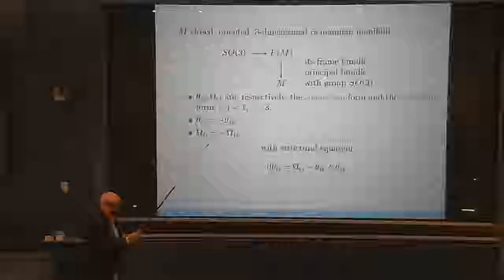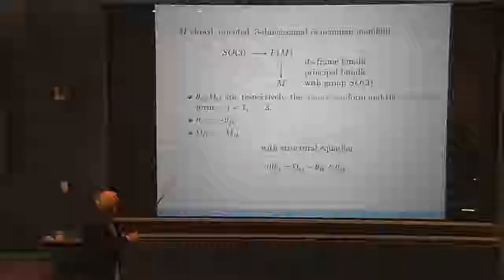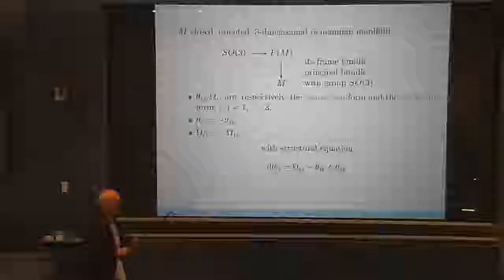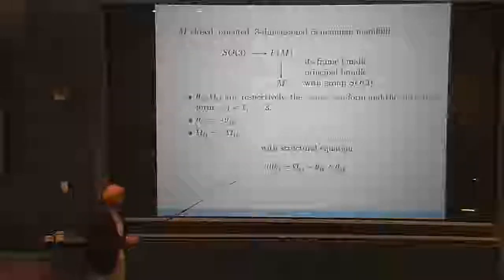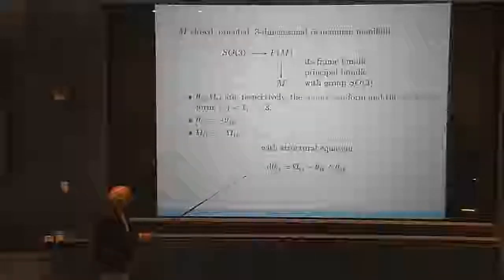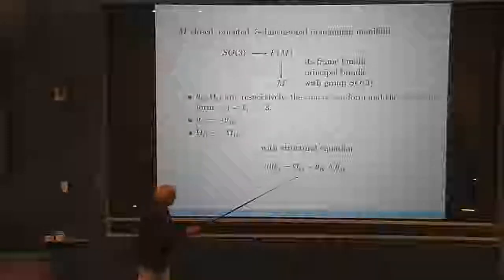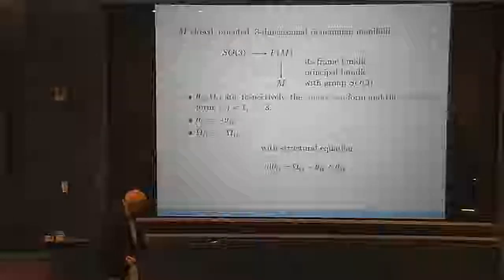Ij go just from 1 to 3, and theta ij is minus theta ji, and omega ij is minus omega ji. And this is the standard structural equation of a differential. The exterior differential of theta ij is, well, what it says here, omega ij minus the wedge product of theta ik and theta jk.